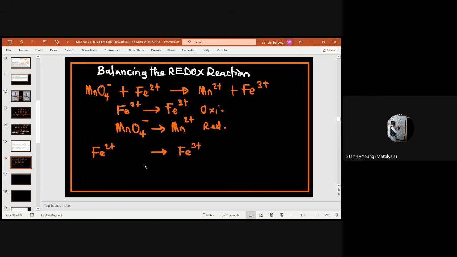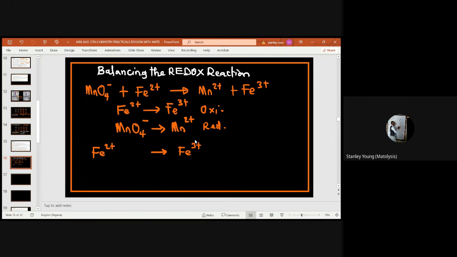So do not forget, first rule, balance every other atom. Every other atom here is balanced. We just have iron here, and we just have 1 mole versus 1 mole, which is balanced. There is no oxygen, there is no hydrogen, so we don't need to bother about those. So what do we need to do now? We need to balance charge. What's the total charge on the left hand? +2. On the right hand, +3. So we have a side that is more electropositive, which is the right hand side.